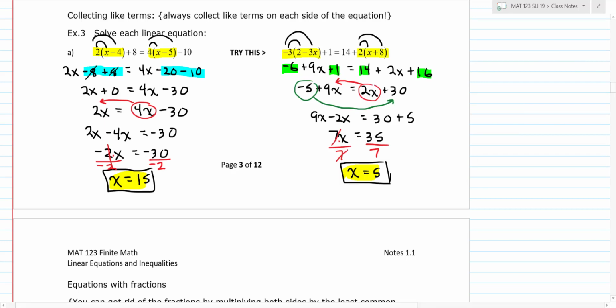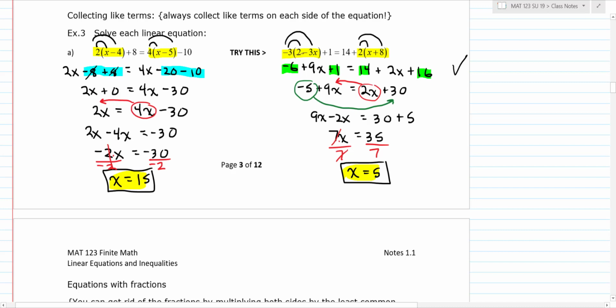Again, your work doesn't have to be precisely like mine. You just have to follow the rules of algebra when you're working with both sides of an equation. So first thing you want to do is check the first step. Students often make mistakes on this first step with signs. So we go negative 3 times 2 is negative 6. And notice here, think of that as a negative times a negative. Okay, see, that's a subtraction symbol, but you can treat it as a negative.